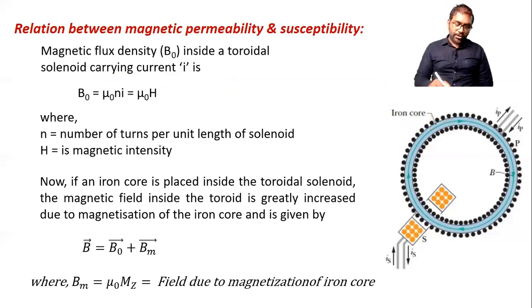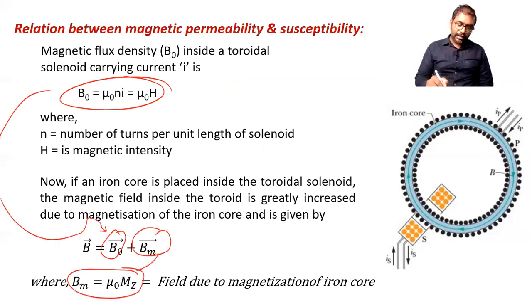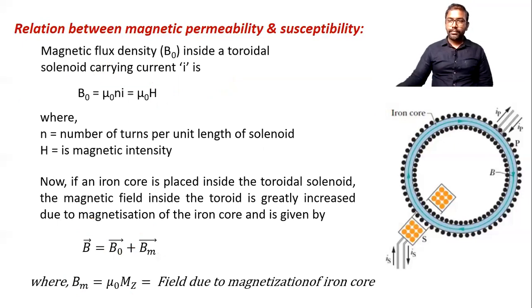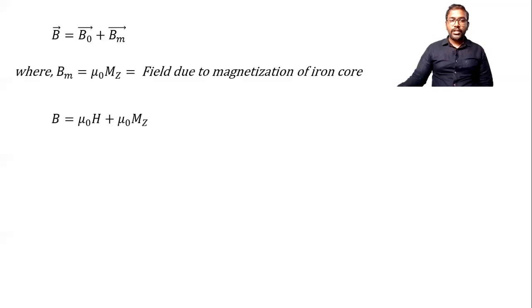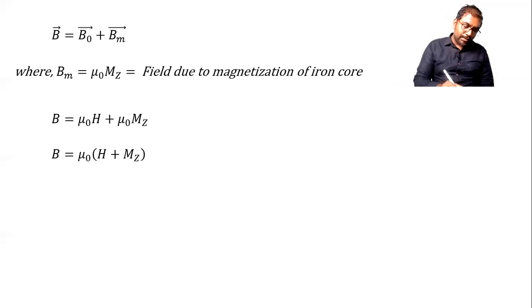Let me substitute B0 and Bm by these formulas. B is equal to B0 plus Bm. Then we get this formula, and mu 0 we can take common, giving H plus Mz.